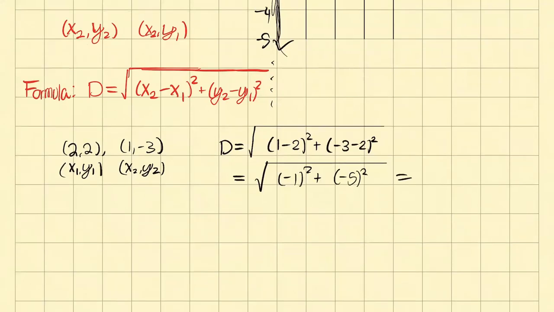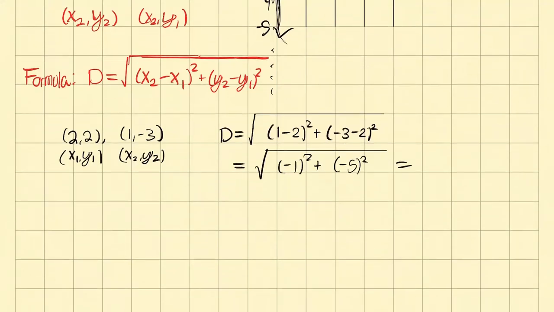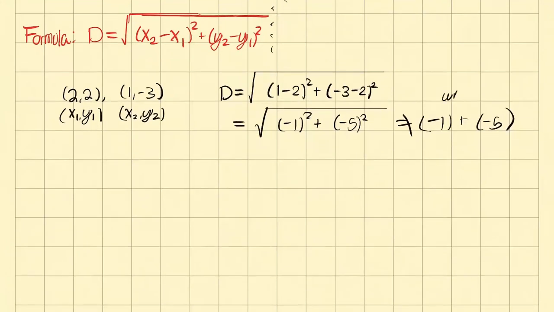Notice though, I need to do all the simplification inside the radical first. I can't do this. This is not a correct application of the formula. If you remember, this is what I specifically warned you about. This is not true. What we need to do is simplify inside the radical first.